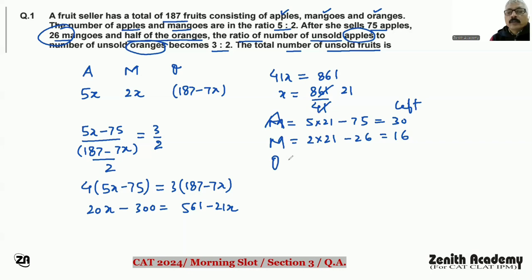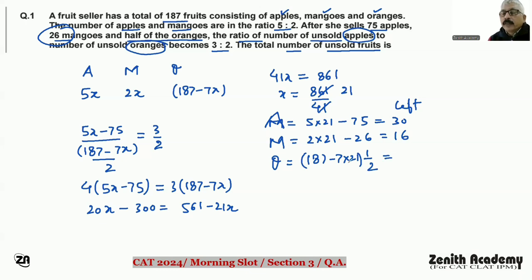And finally, oranges. It was 187 minus 7 into 21, and half of it is left.